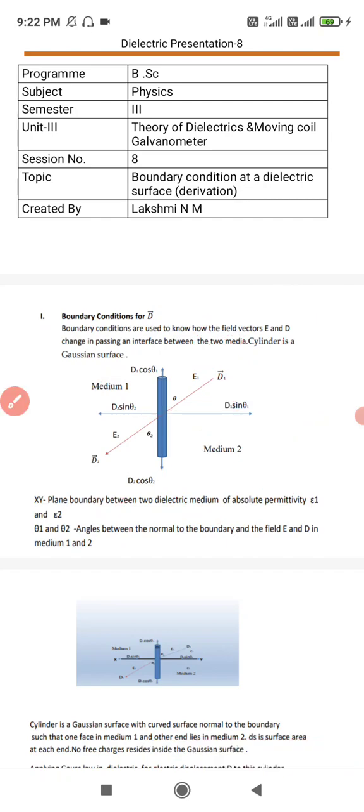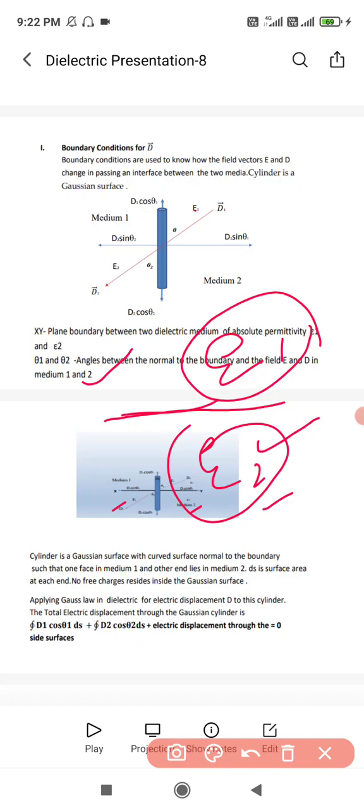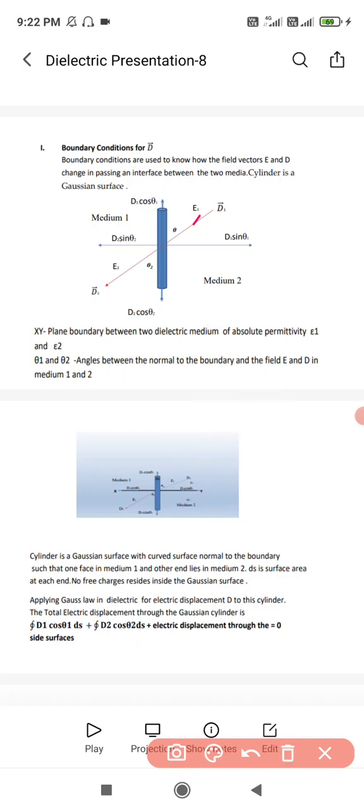Then theta 1 and theta 2 are the angles between the normal to the boundary and the fields E and D in medium 1 and medium 2.